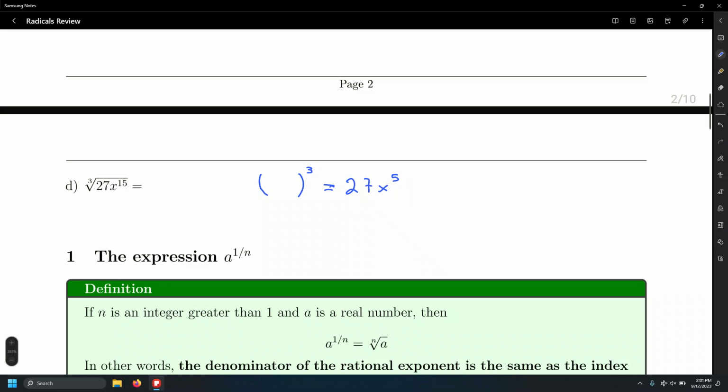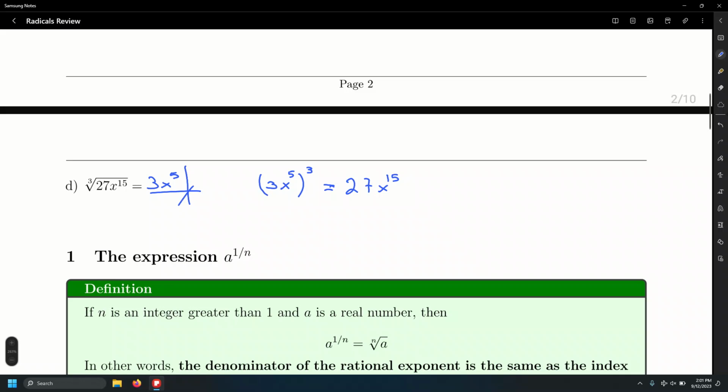All right. So number one, the coefficient 3 cubed, that's 27. Now x to what power equals x to the 15? 5, all right? Final answer then, 3x to the 5. All right?